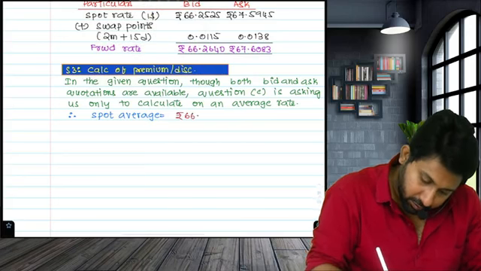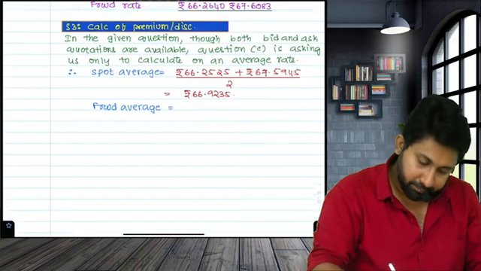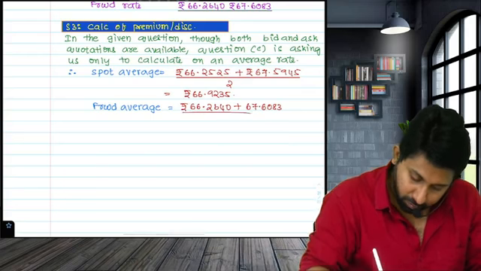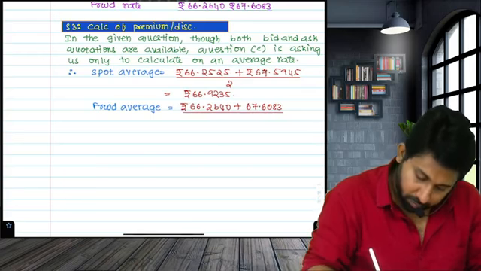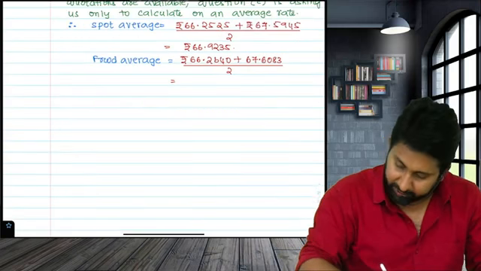Next, forward average: $66.2640 plus 67.6083 divided by 2, 66.9362.